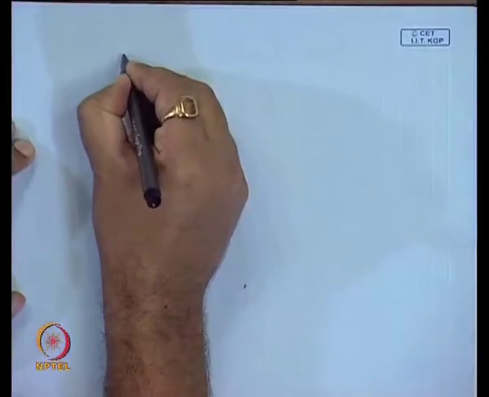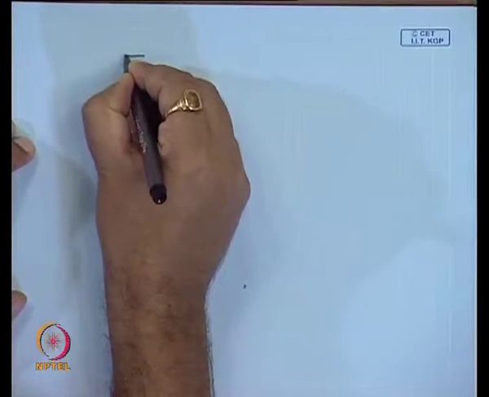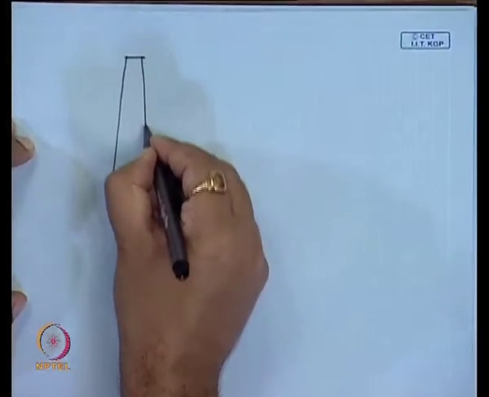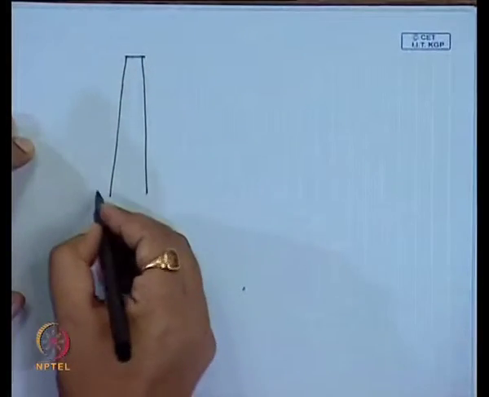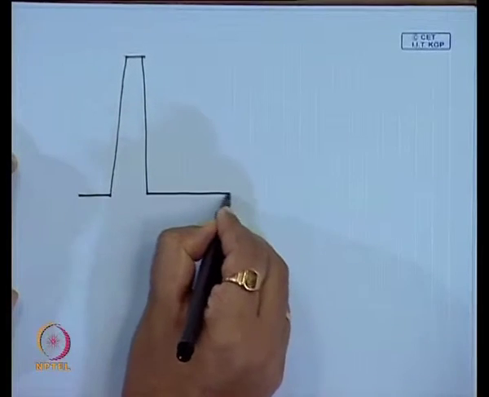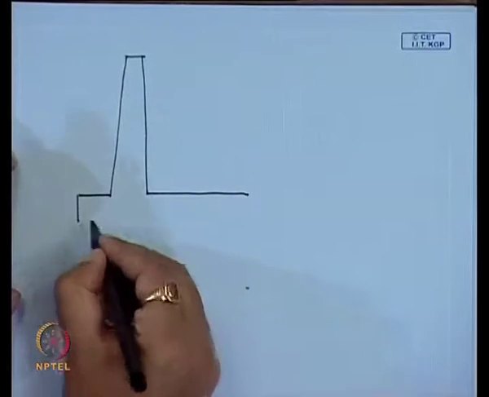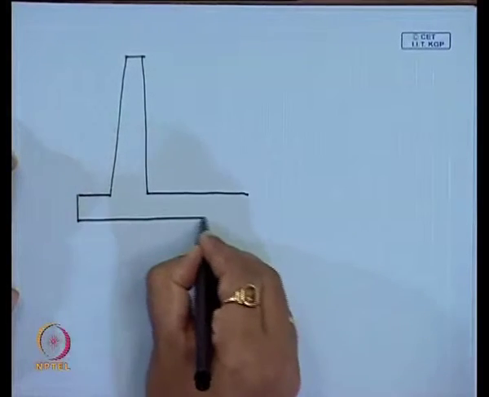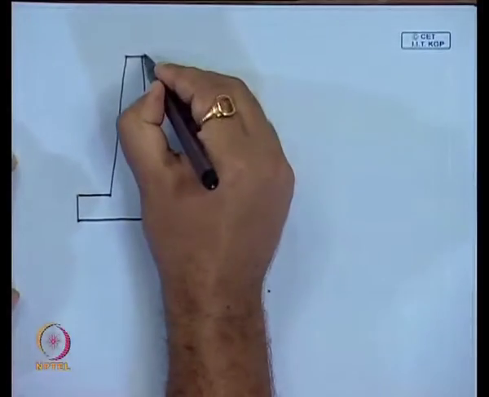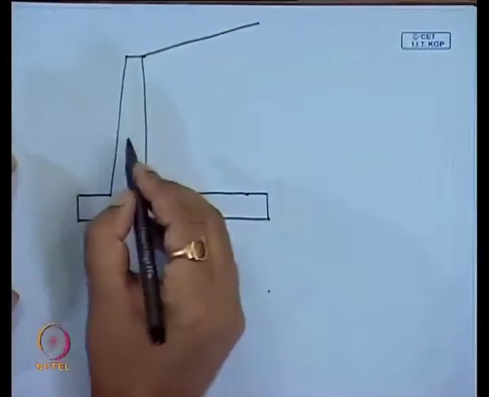Now, first if I go for the problem, suppose we take one retaining structure which is a cantilever retaining wall in this form. Suppose this is the retaining wall and the ground surface is this one.